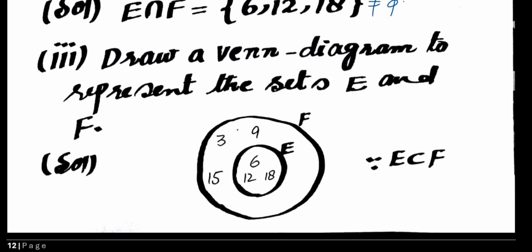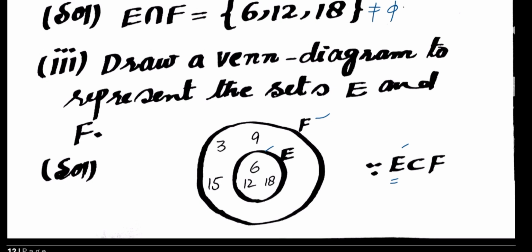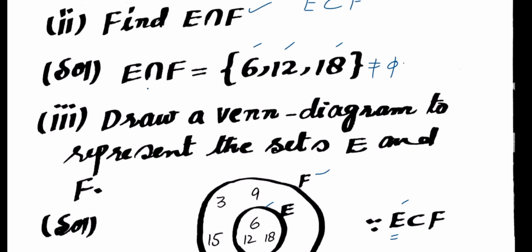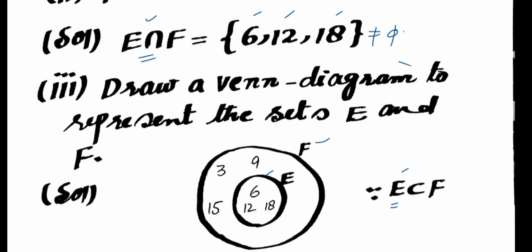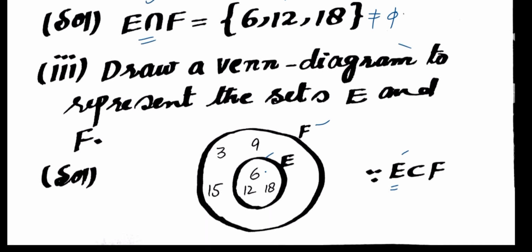we will draw a Venn diagram like this. This is the smaller set E. The inside circle represents the smaller set E, and the outside circle represents the larger set F. Firstly, we write all elements of set E that also lie in their intersection, E intersection F. So the elements in set E are 6, 12 and 18.